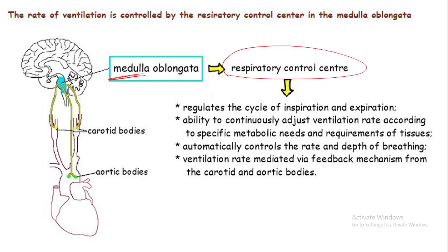What all does it do? Let's have a look. It regulates the cycle of inspiration and expiration. It has the ability to continuously adjust ventilation, that is breathing rate, according to the specific metabolic needs and requirements of the tissues. For example, if you're running, before running your breathing was normal. Once you finish running, you are panting, in the sense that you need more oxygen.